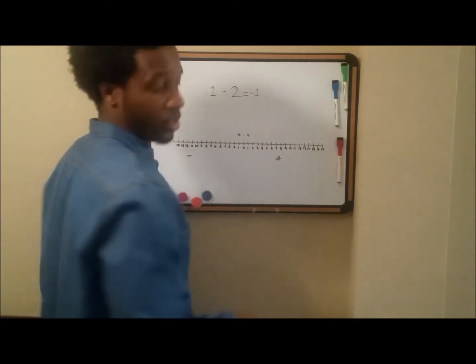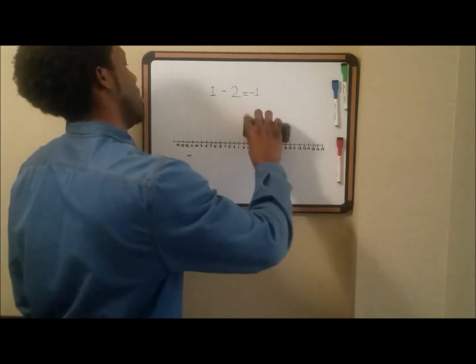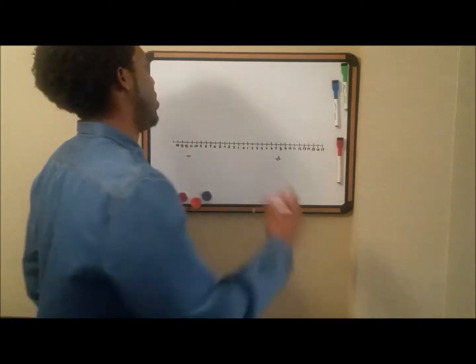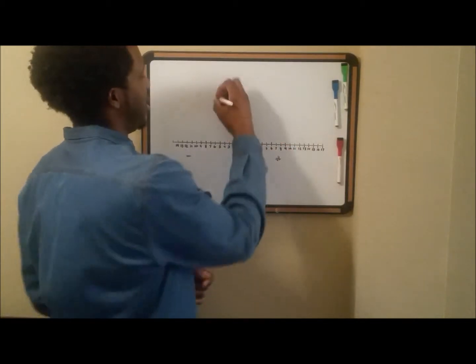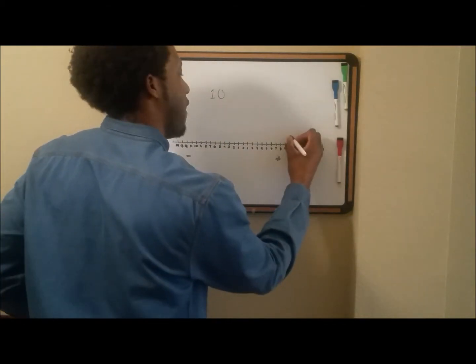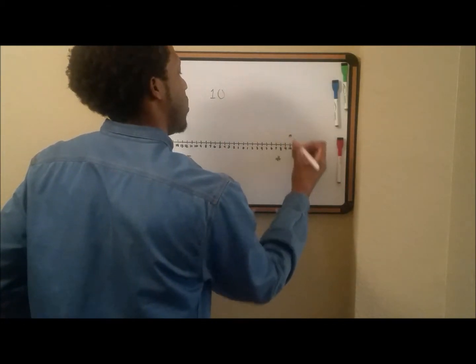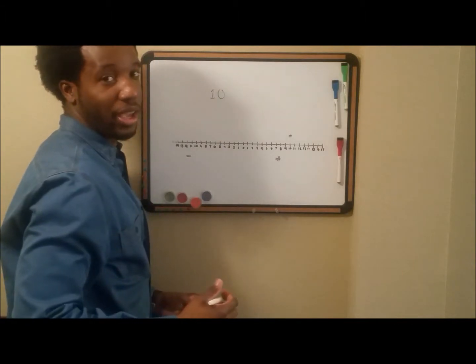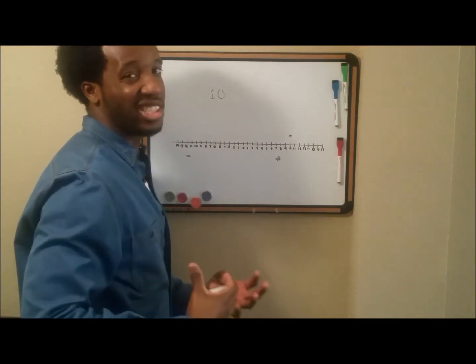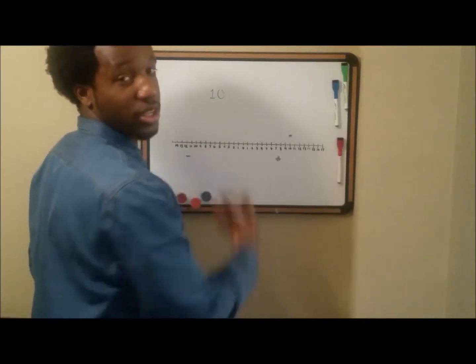So now let's show this with the date situation again. So I'll start off with $10 right here. And I end up spending $20. So I incurred $20 in debt. So I'm going this way.